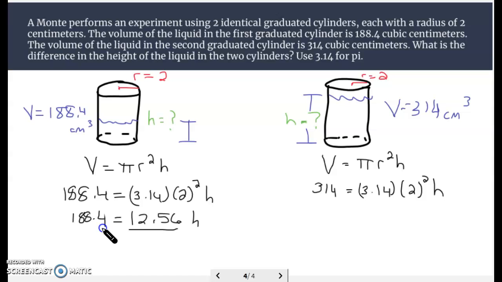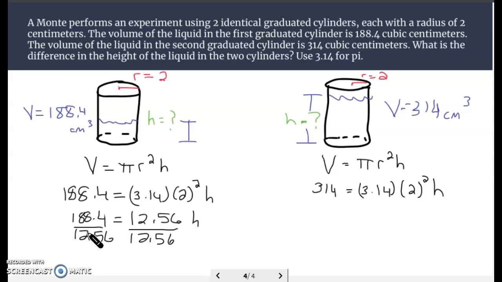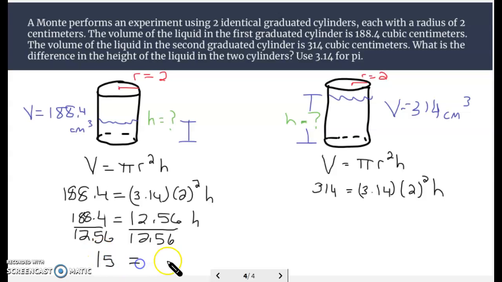Solving an equation for h involves dividing both sides by 12.56. So we're going to do 188.4 divided by 12.56. Comes out to 15. The height of the first cylinder of the volume of the water, 15 centimeters.